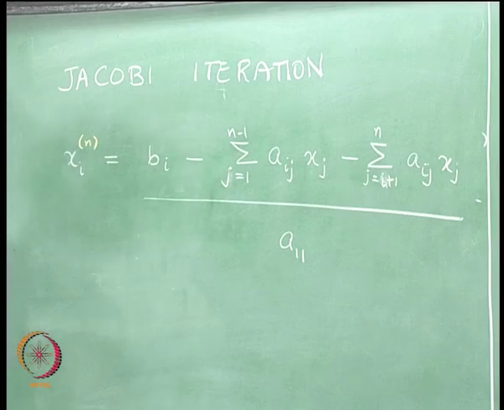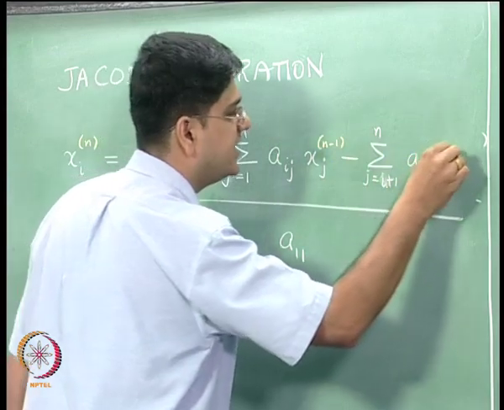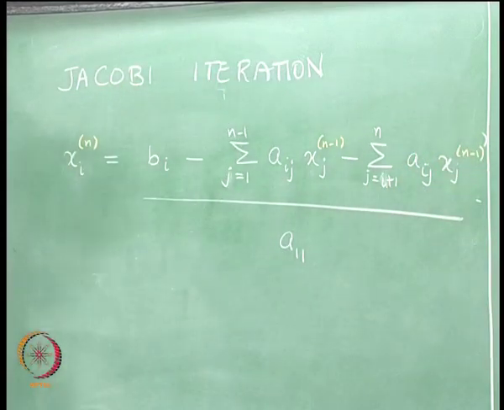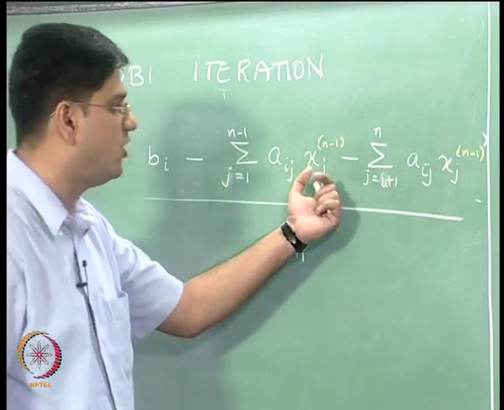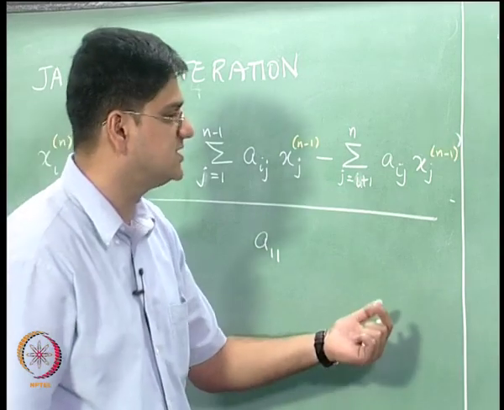The difference between Gauss-Seidel iteration and the Jacobi iteration is that both of them have the index n minus 1, which basically means that we are not going to use the latest values for the previous variables, but we are going to use the values from the previous iteration.